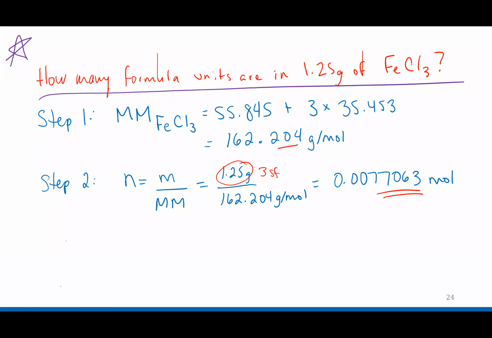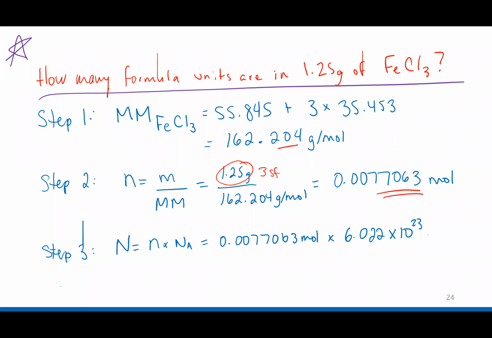And step number 3 is nice and easy. Step 3, my formula units is my moles times Avogadro's number. So 0.0077063 moles times Avogadro's number, which is a constant, like gravity.